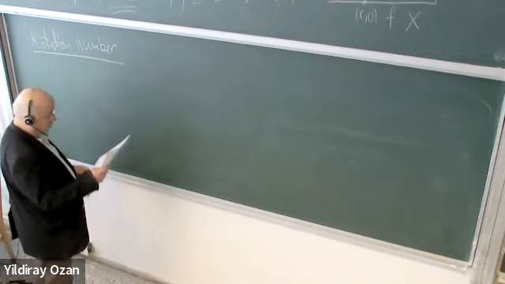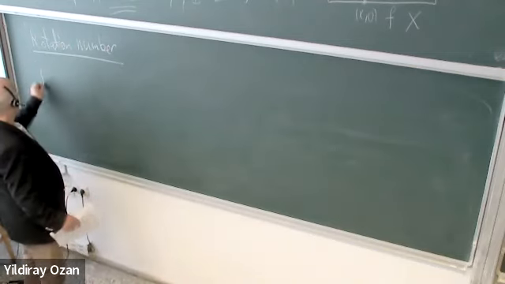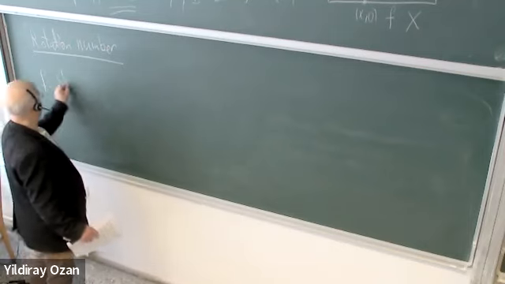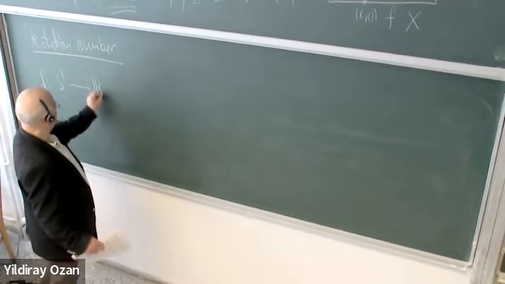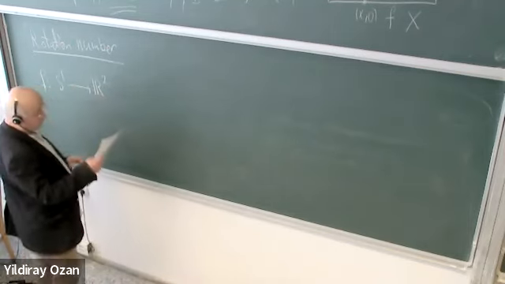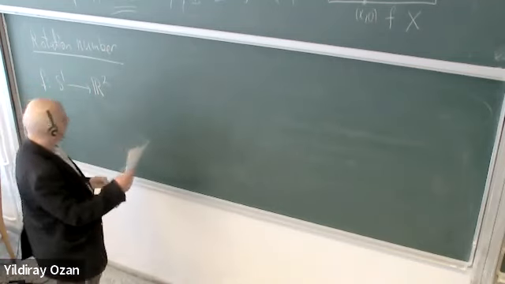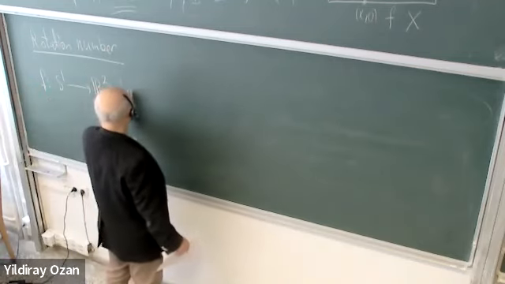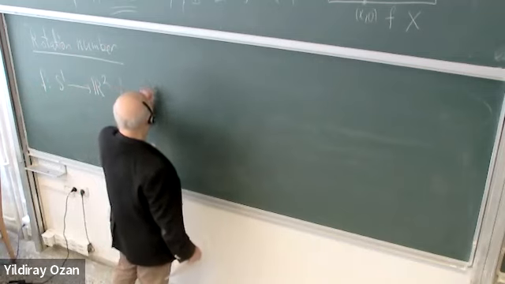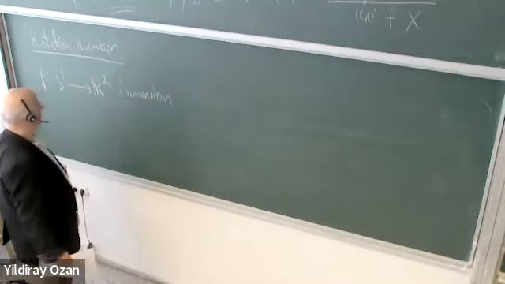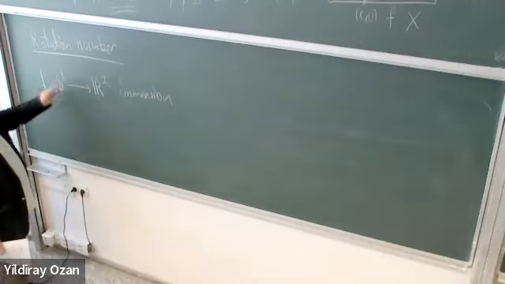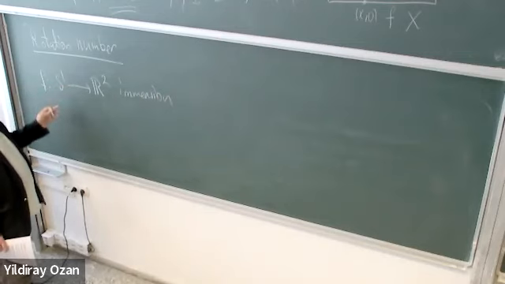And what's the rotation number? Let me just say a couple of things. Suppose you have an immersion. What we mean by an immersion is that it is not necessarily a one-to-one map, but its derivative is always one-to-one.